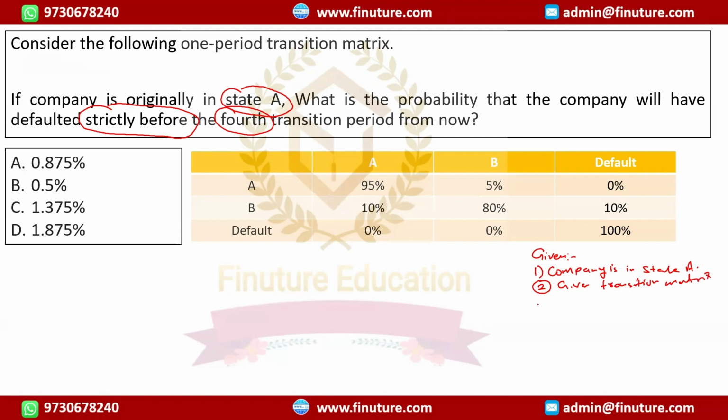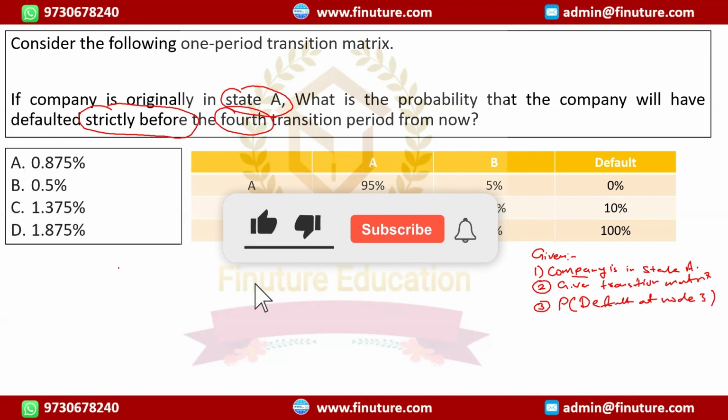And you are asked to find the probability that the given company will default at strictly less than 4, means at third node. Default at node 3. So this is what we are interested in.